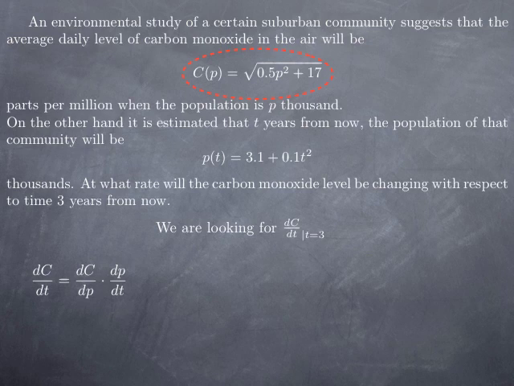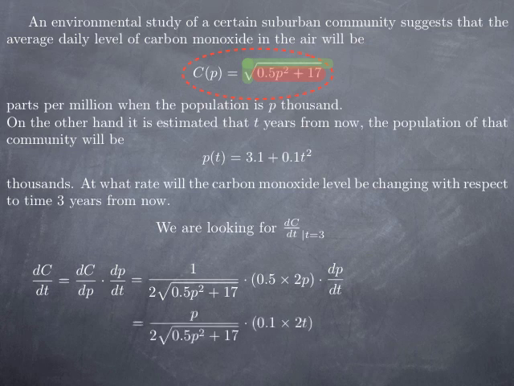Using the chain rule, we obtain the derivative of the outside function, so the derivative of the square root, that's 1 over 2 square root, evaluated at the inside function, 0.5 p squared plus 17. And this is multiplied by the derivative of the function inside, which is 0.5 multiplied by 2p. This part is just the derivative of c with respect to p. All this is multiplied by the derivative of the population with respect to time.